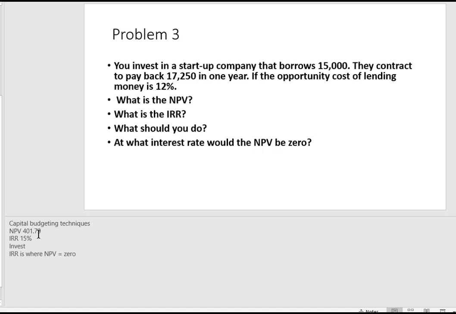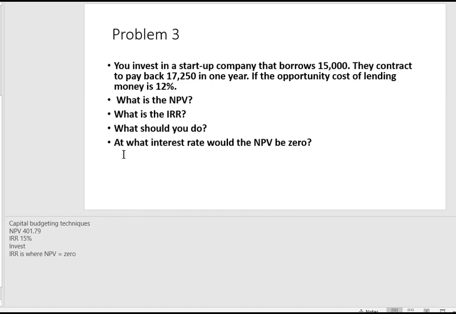The net present value is $401. The internal rate of return is 15%. So should you do these projects? Well, the project provides positive net present value and an internal rate of return that's greater than the opportunity cost. So they are good projects.